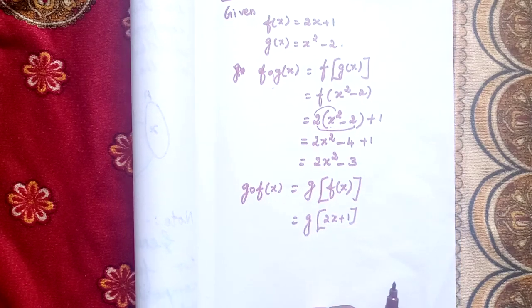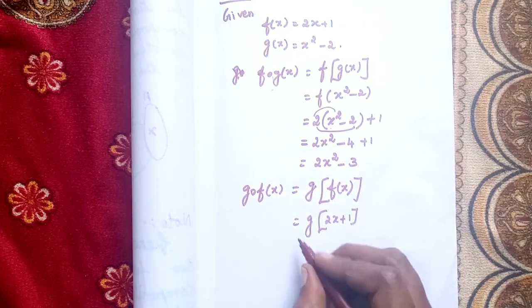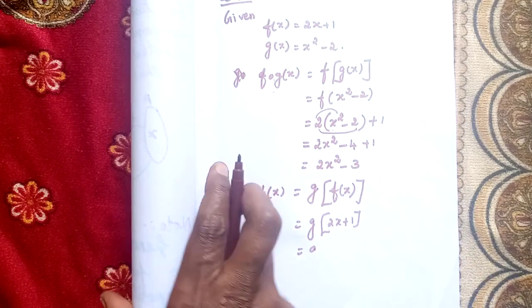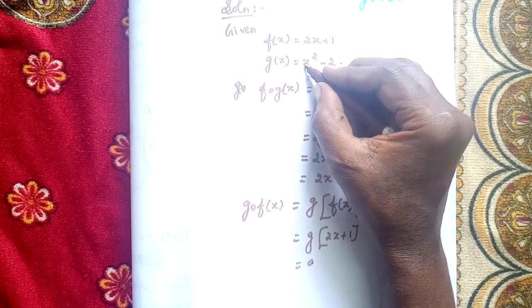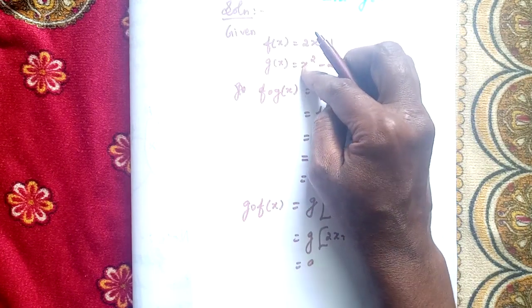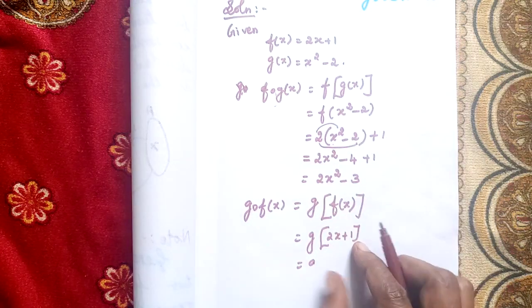Clear, students? Any doubt? Okay. Now g of x means, what is the value of g of x? x square minus 2. Here in place of x you have to replace 2x plus 1.